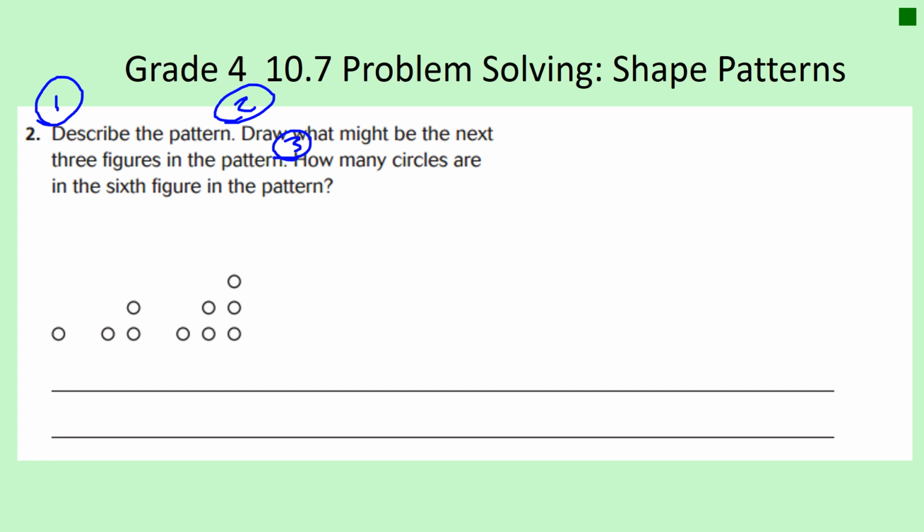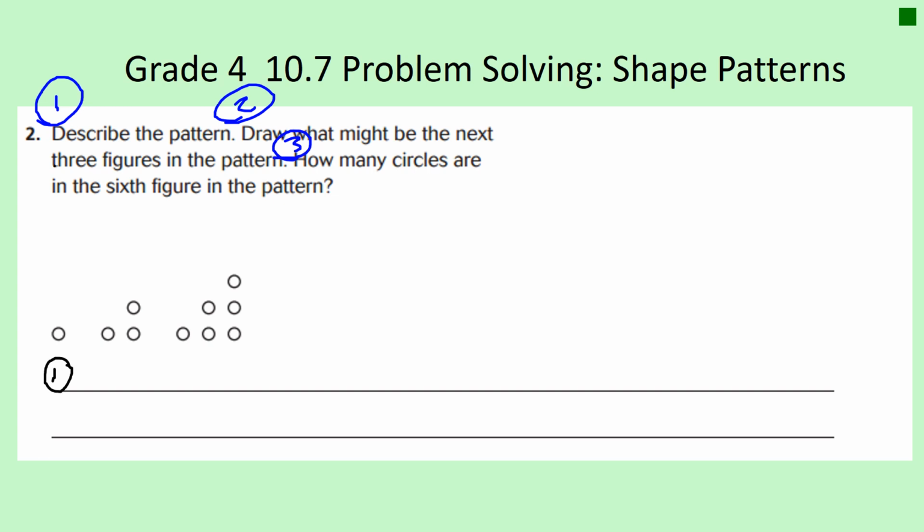So boys and girls, I would call this type of shape pattern a growing pattern, because each of the figures has more and more circles in it. So it's a growing pattern. It's growing greater and greater. So guys, that's figure 1.